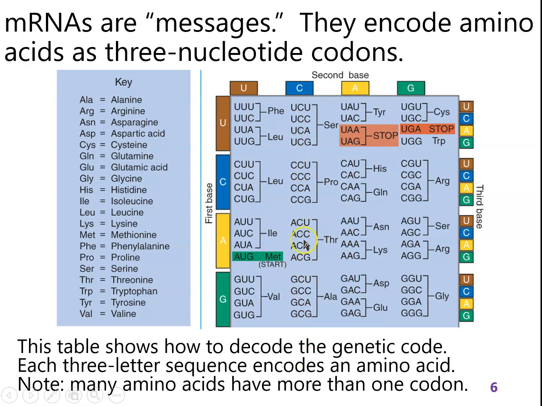And then over here, we find A. So ACA, well, that encodes threonine. And you certainly don't have to memorize this, but you should know what it is telling you. You should know what kind of information you get from this. And this is how we would figure out from a DNA sequence what the amino acid sequence is. We would use this exact table. You'll see lots of different versions of it that are formatted differently, but this is the basic idea.